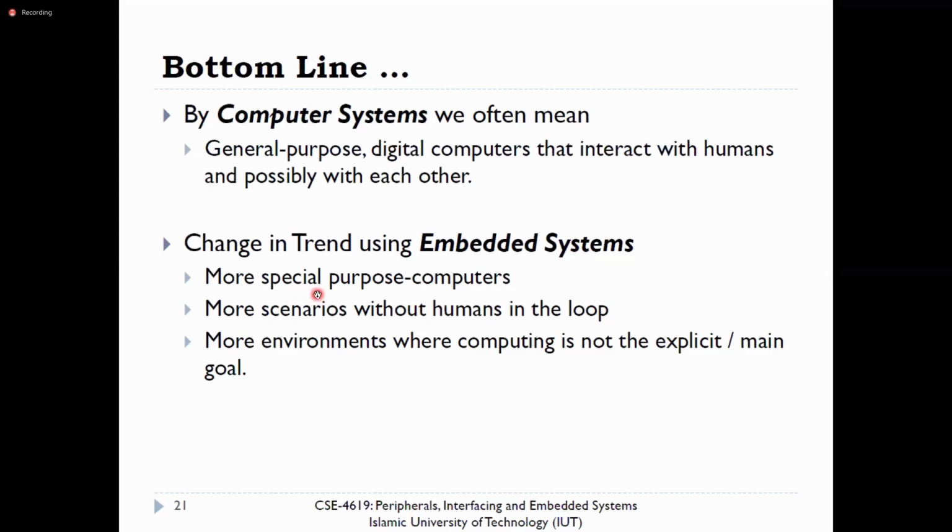You can consider these special purpose computers that can do the target-oriented task, mostly in unattended scenarios, likewise in automatic scenarios without humans. Embedded devices can also be used in environments where computing is not otherwise possible.